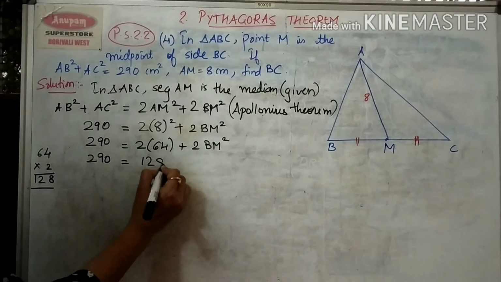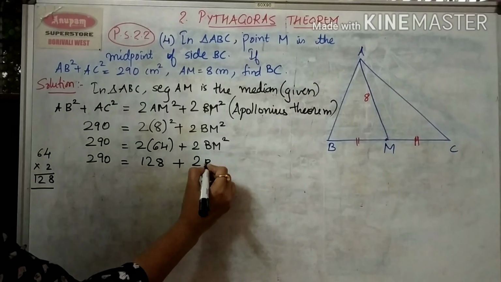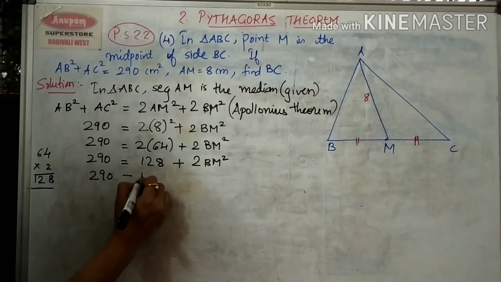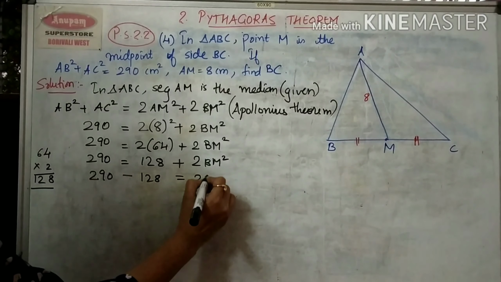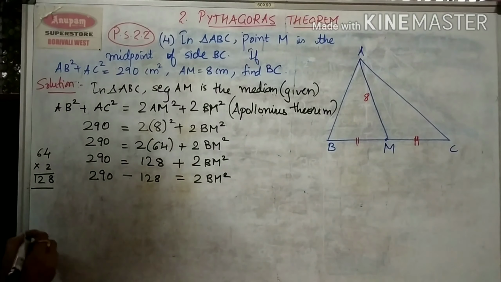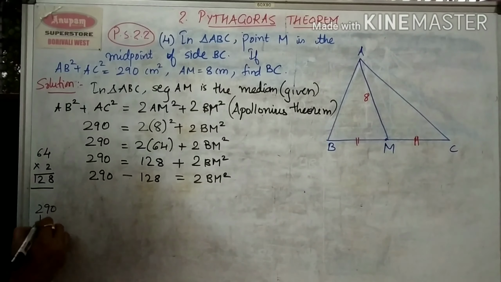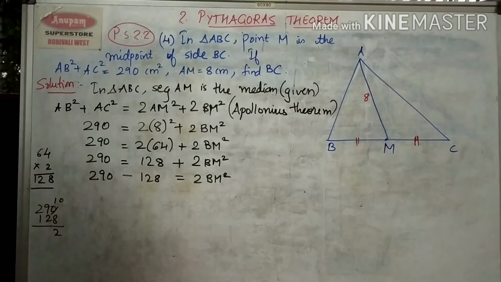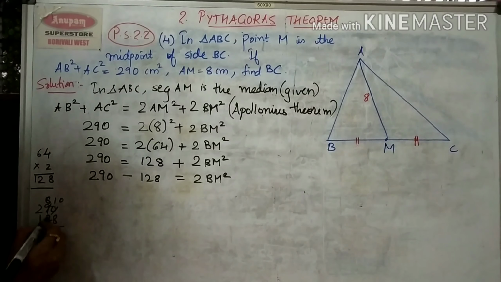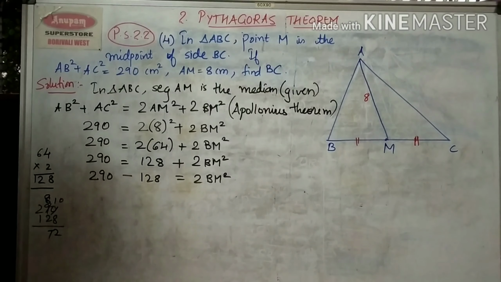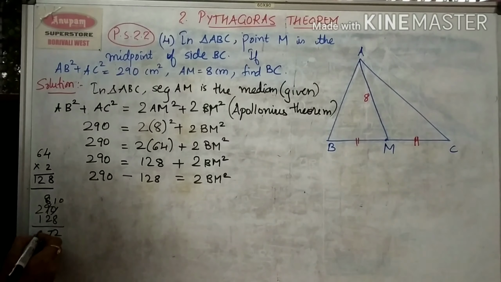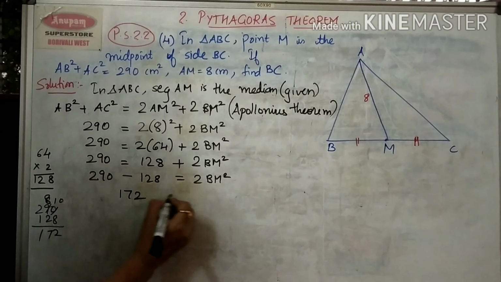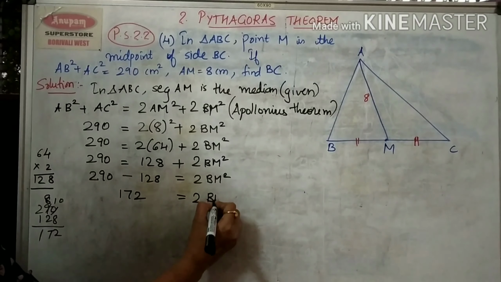So this will be 128 plus 2BM square. So 290 minus 128 will be 2BM square. Let us subtract 290 and 128.